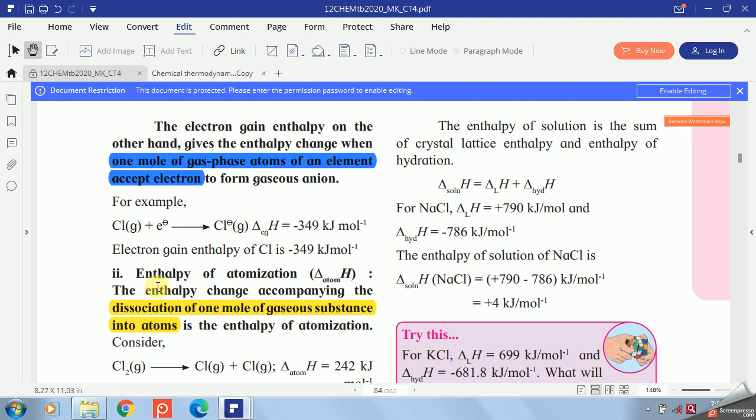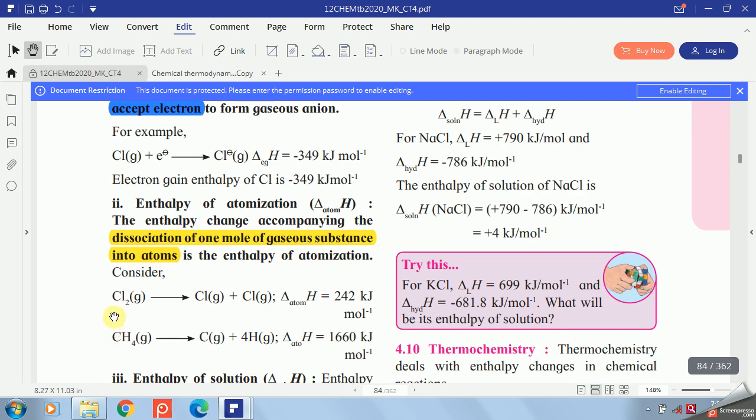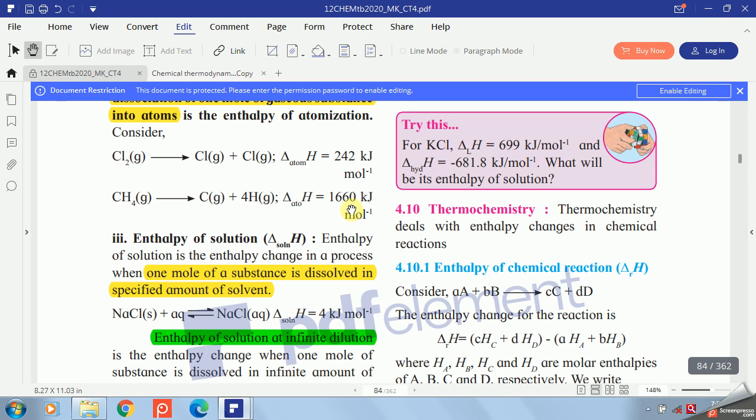Dissociation of 1 mole of gaseous substance into gaseous atom is called atomization. The word itself indicates atomization means molecule gets converted to its atom. Chlorine gas gets converted to chlorine atom. How much is the enthalpy of atomization? 242 kilojoule per mole. Or we can convert methane into carbon, and enthalpy of atomization is 1660 kilojoule per mole.